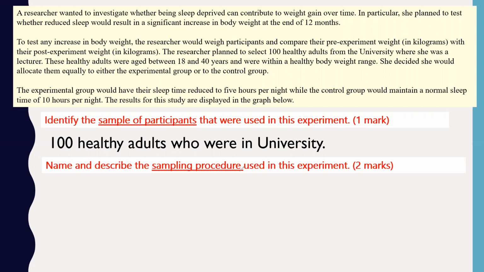If anyone can name it in the chat box, if you know. Have a read through the scenario again, particularly this paragraph, and even just take a guess as to what sampling procedure has been used.